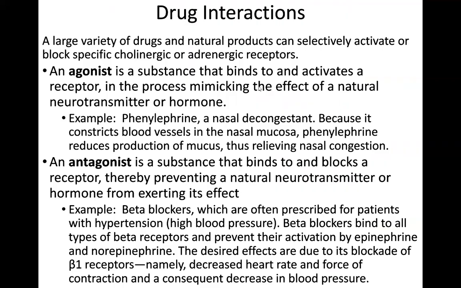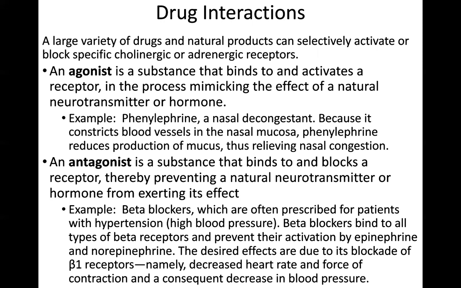Now, last week I mentioned that certain medicines and chemicals can interact with neurotransmitters and the receptors that receive those neurotransmitters. A large variety of drugs and natural products can either selectively activate or block cholinergic or adrenergic receptors.